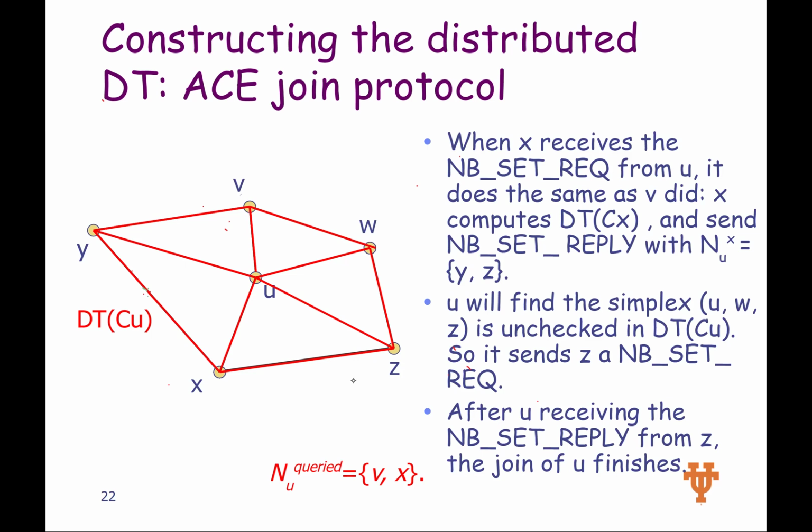Probably U, W, Z are not checked, right? So U will send another neighbor set request to Z. And Z will tell U if it has new neighbors or not. And most likely no new neighbors after this check. So if no new neighbors, the join finishes. And when the join finishes, everyone maintains a correct distributed DT.